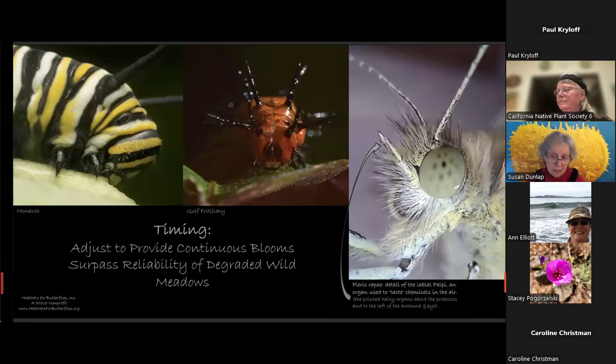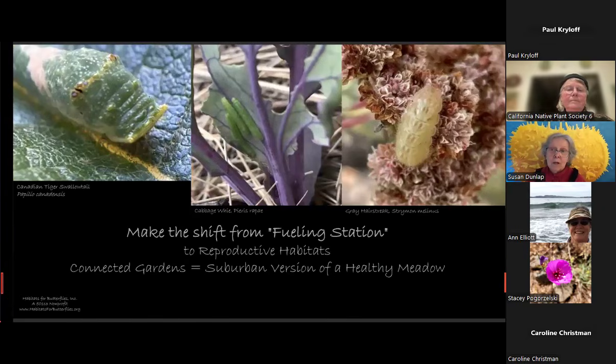When nectar becomes reliable across many gardens, the question shifts from whether butterflies pass through to whether they stay and reproduce. What happens then when many gardeners do this?